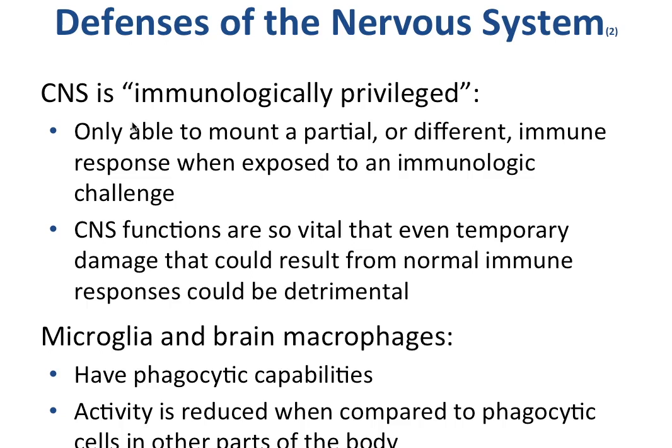That's why they have to prohibit the immune system, such as immune cells, T cells, and B cells, and all kinds of immune antibodies. So the barrier doesn't allow those to get into the central nervous system.